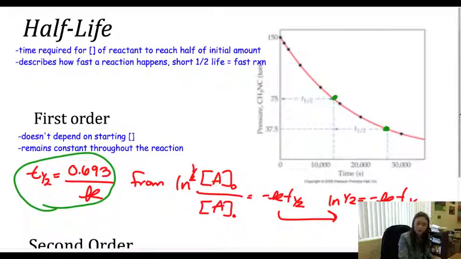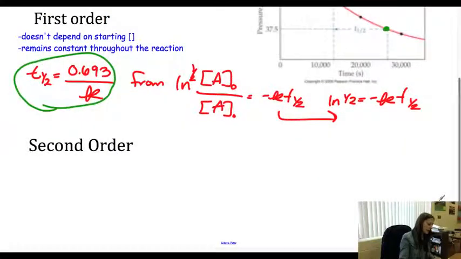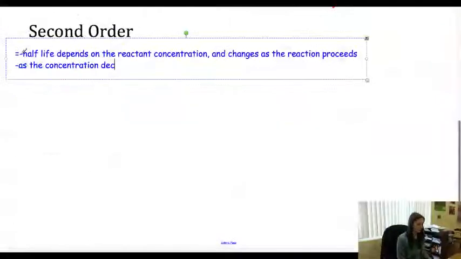Okay, the last thing here is second order reactions for half-lives. Your half-life depends on the reactant concentration, and therefore it changes as the reaction proceeds. So with a first order reaction, it doesn't matter what my concentration is. A second order reaction actually does care what your concentration is.